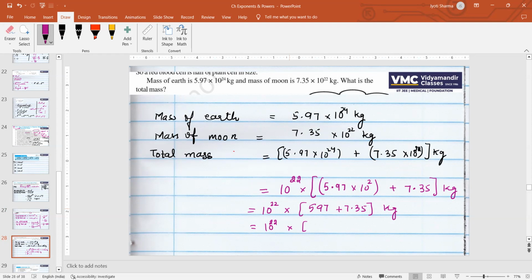This is very clear to everyone, I hope, how I have added decimal numbers. And now you can see that still it is not in the standard form. I'll shift this decimal place to here. 10 to the power 2 will be there in kg. Finally, 6.0435, and in all these the two powers will be added. 10 to the power 24 it will become.